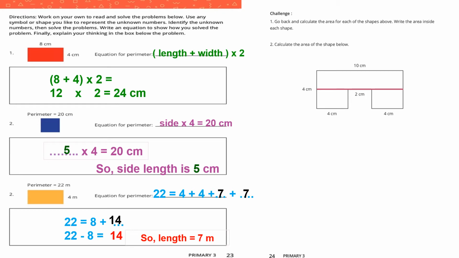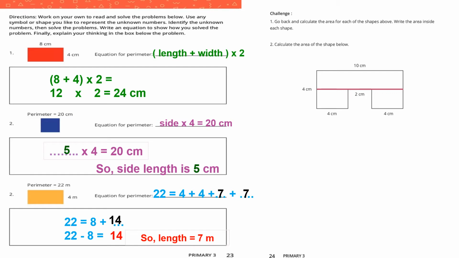Let's move to the challenging part. I want you to know that this challenging part is not very easy, but you can do it. If you focus, you can do it, okay? Now, the first question wants you to find the area of all these shapes.